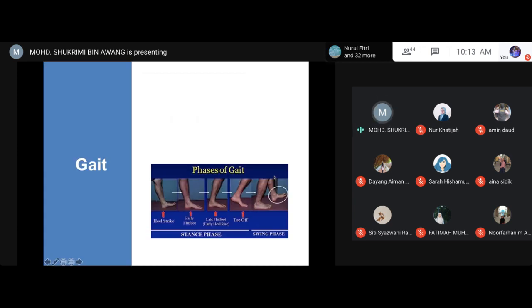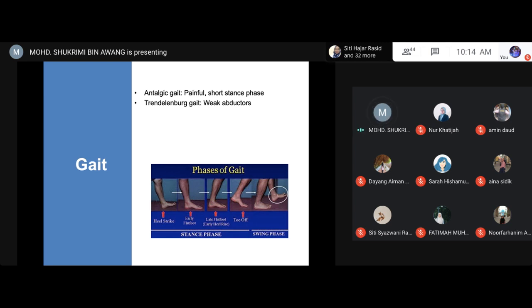Right. So of course after you see patient on standing, if possible you would like to see the patient's gait, how the patient walks. Either patient walks in antalgic gait, which is a painful and short stance phase, or patient walks with a Trendelenburg gait.